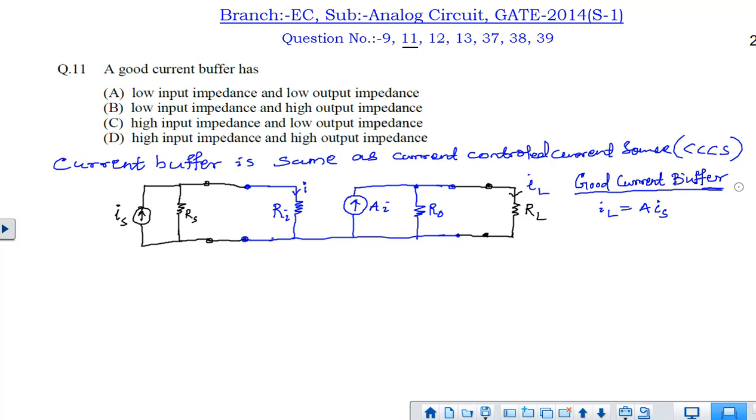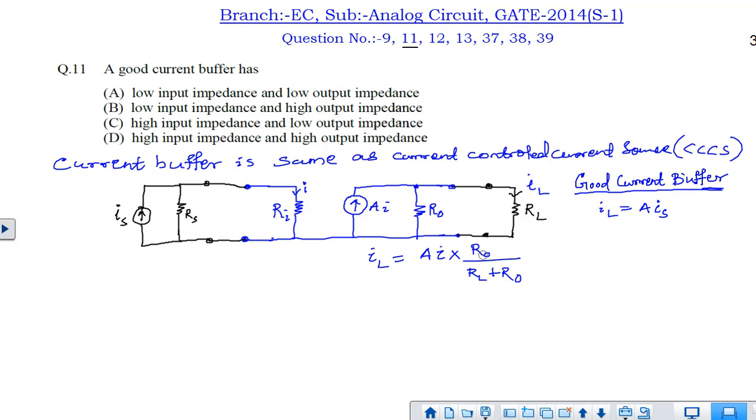For a good current buffer, the load current IL flowing through RL will be equal to A times IS, meaning the total supply current is amplified and supplied to the load. Now we will see what characteristics of input resistance and output resistance are needed to achieve this.